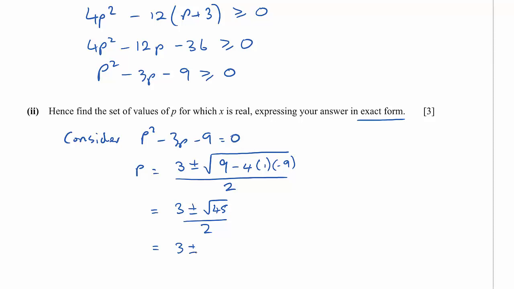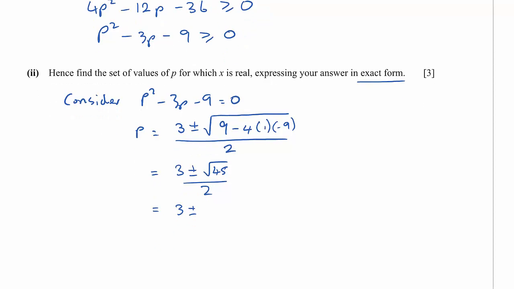Now 45 is 9 times 5, so this will be 3 root 5 over 2. So we get (3 plus 3 root 5) over 2, or (3 minus 3 root 5) on 2.